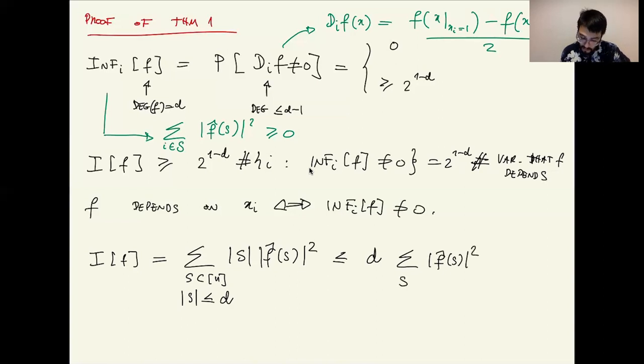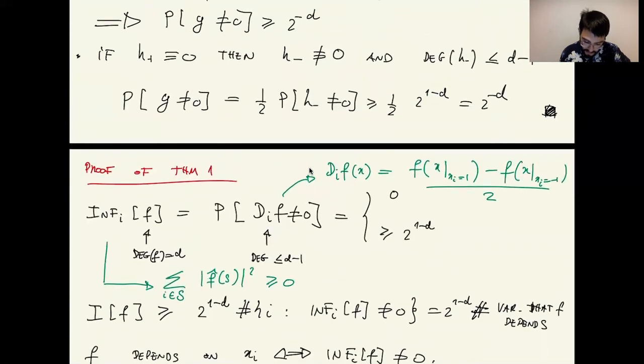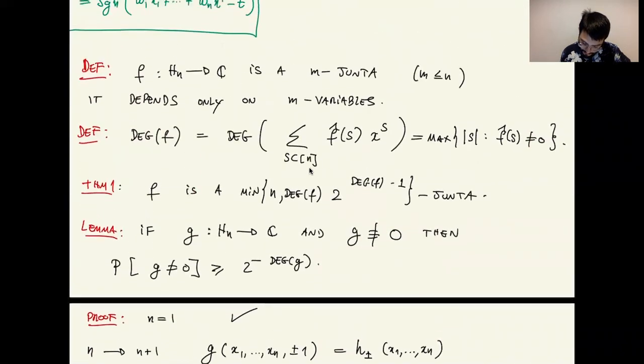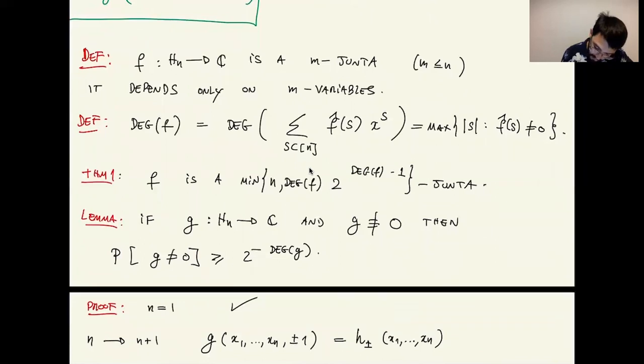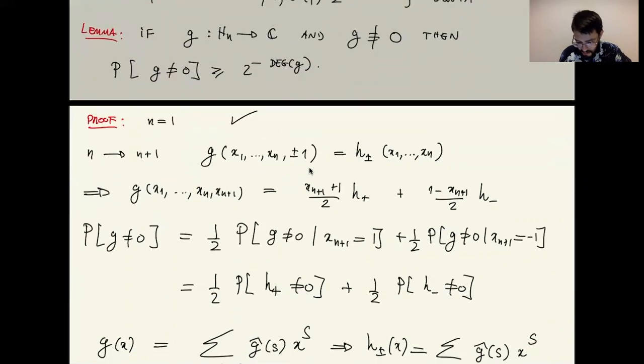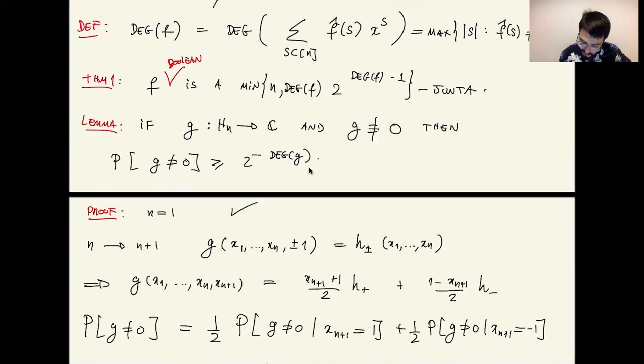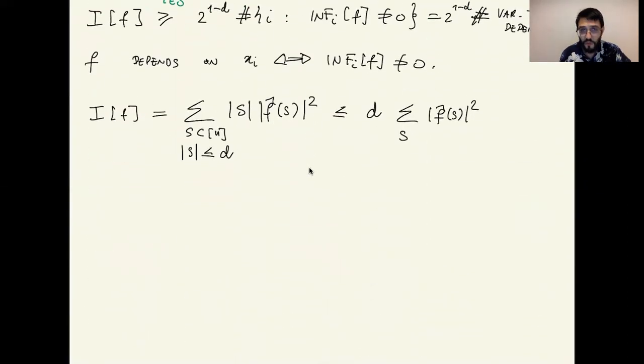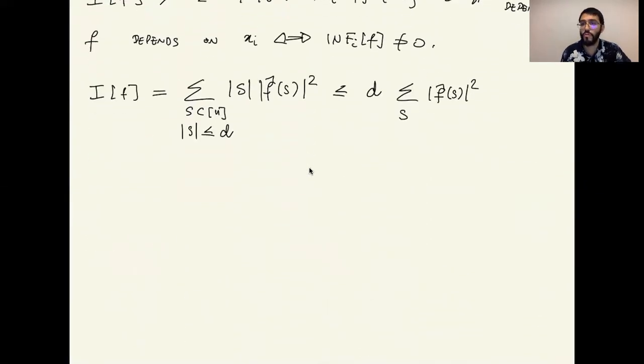And I'm assuming that f is Boolean here. I have to assume f is Boolean. If you don't assume that f is Boolean, there is just an L2 norm multiplying both sides of the equation. There are things you can't really deduce without assuming f is Boolean. But in any case, this is just d, because whenever f is Boolean, the L2 norm is 1.